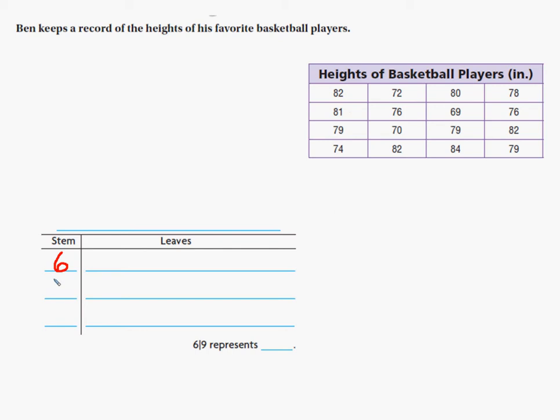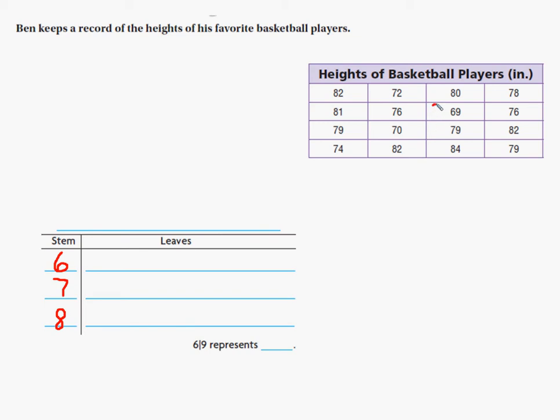And I have some numbers in the 70s, so 7 is my next stem, and I have numbers in the 80s, so 8 is my next stem, and I don't have any numbers in the 90s, so those are my only stems. Now the leaves are going to be the ones place, and you're going to write down a leaf for every number that you see.